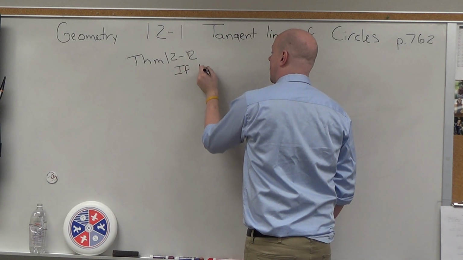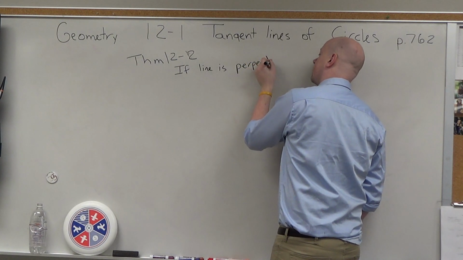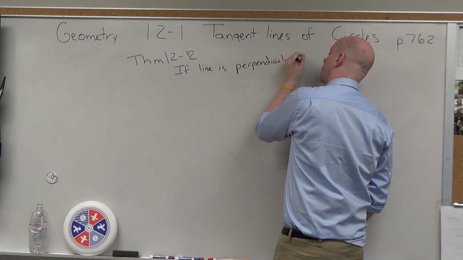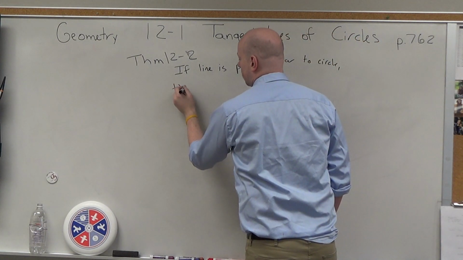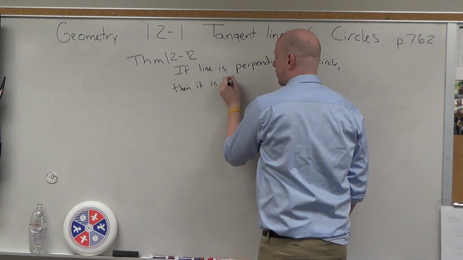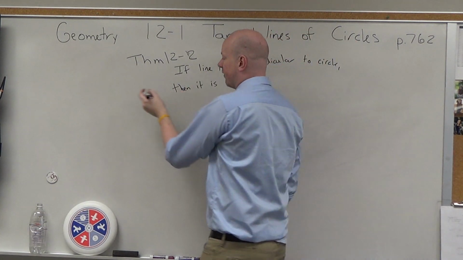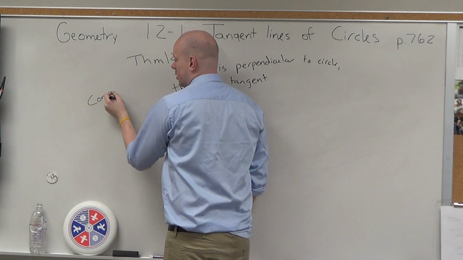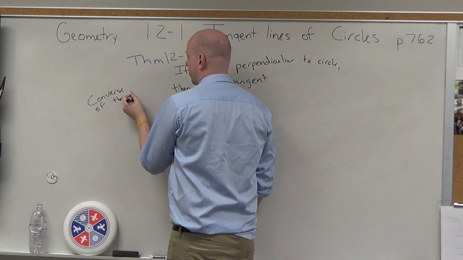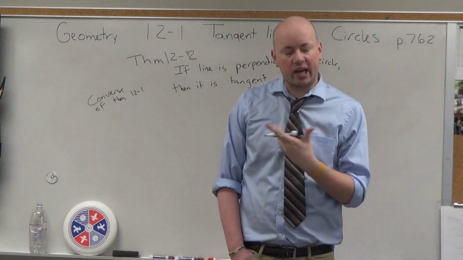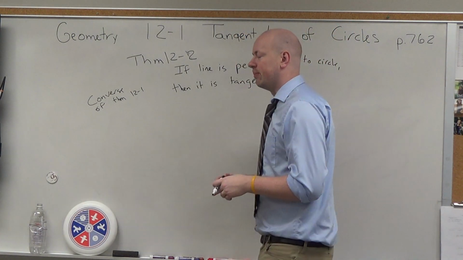So if a line is perpendicular to a circle, then it is tangent. So all that is just the converse of theorem 12-1, where if P implies Q, the converse, Q implies P, is also true. So it actually works both directions.